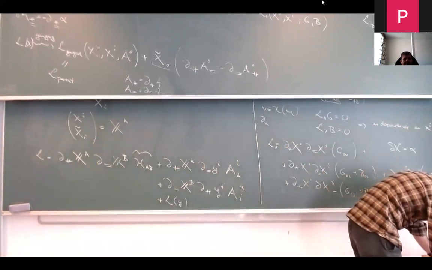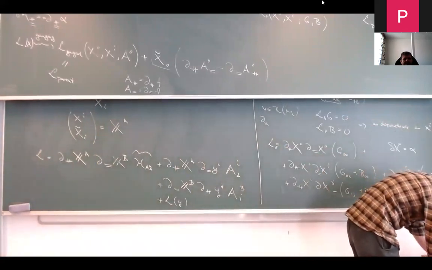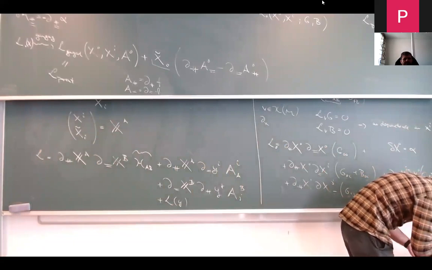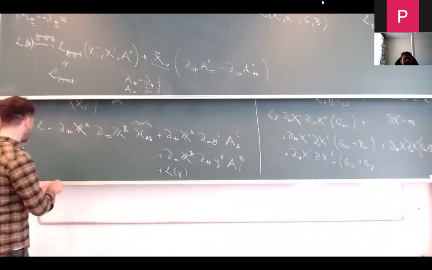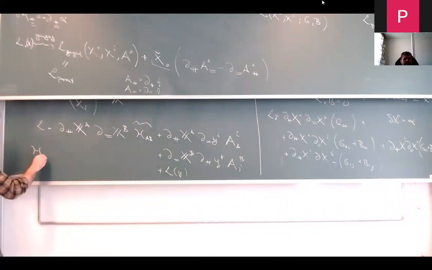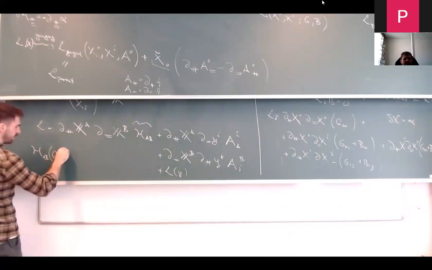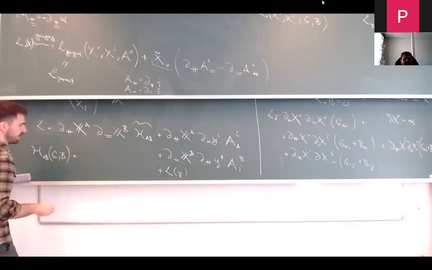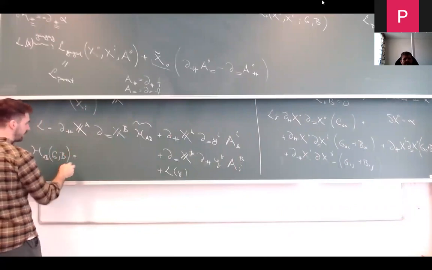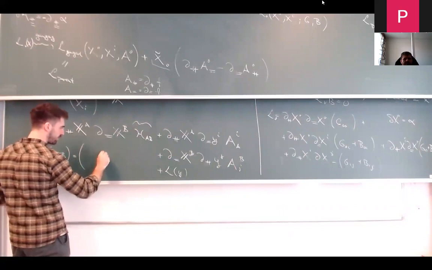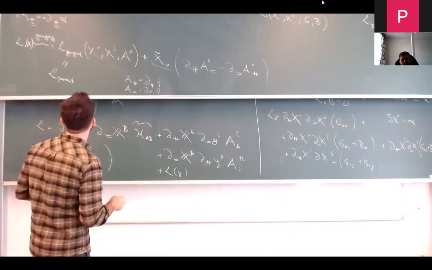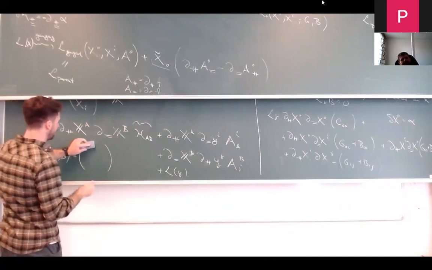Next, I had a hard time getting that correctly. Okay, so this H is something constructed out of G and B, right? And the way they enter, I'll write it in the, maybe I'll read it upstairs.